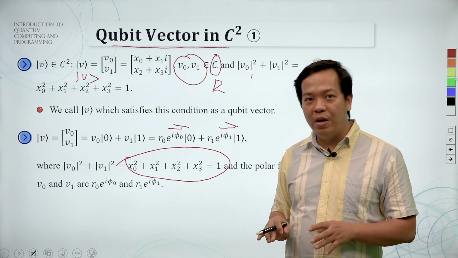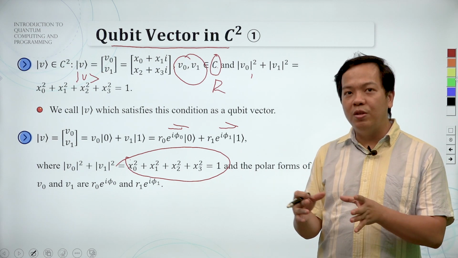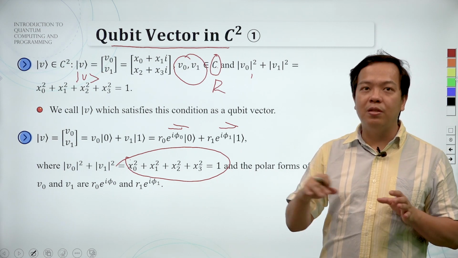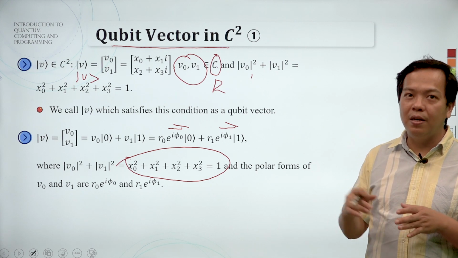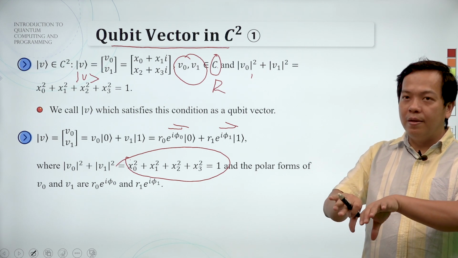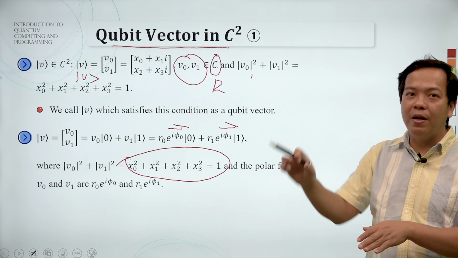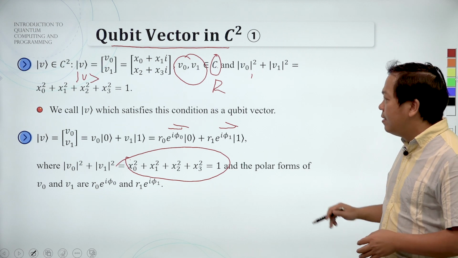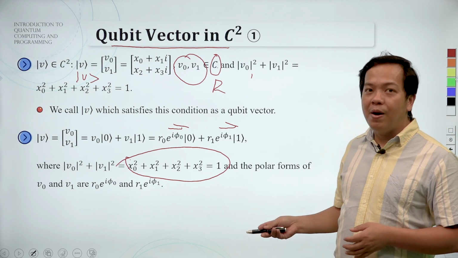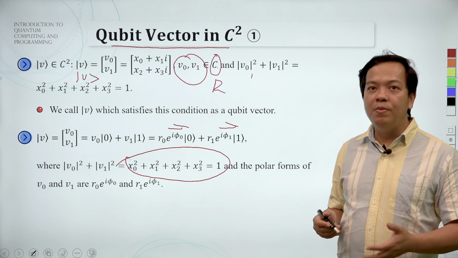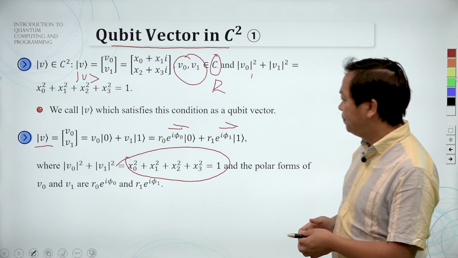Remember Euler, we already had it in the third lesson: how to convert between the complex number and the complex plane, and how to show the relationship between the complex number and an angle, right? So this is how we define the qubit vector v.